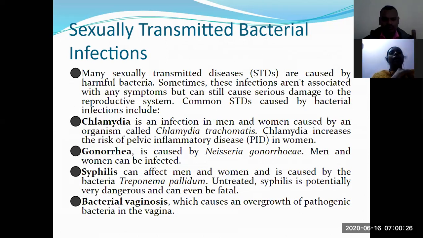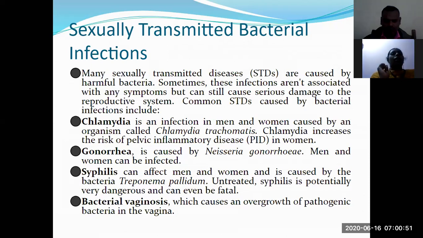Then gonorrhea is caused by Neisseria gonorrhoeae. Men and women can be affected by this bacteria. Syphilis can affect men and women, and is caused by the bacteria Treponema pallidum. Untreated syphilis may result in death, and gonorrhea can also result in death.